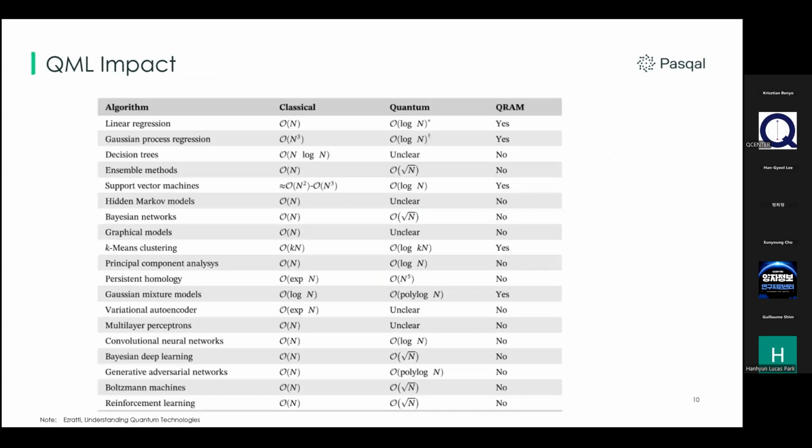With that said, there are quite a few different machine learning methods out there that have a quantum enhanced variant. So here, thanks to Olivier Ezratty's report, I have listed quite a few of the most well-known machine learning models in which you can potentially incorporate a quantum layer.